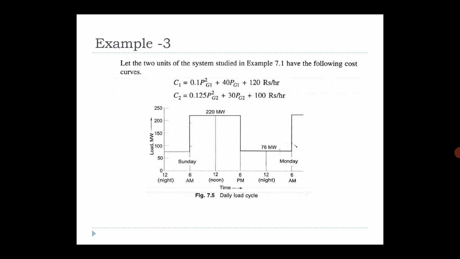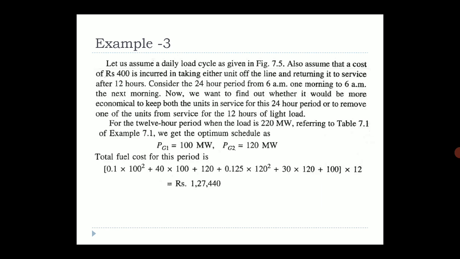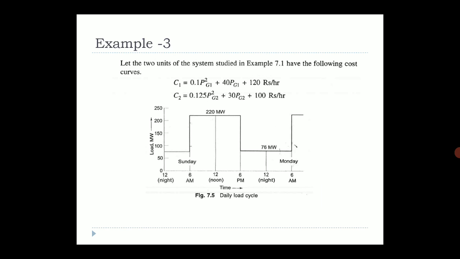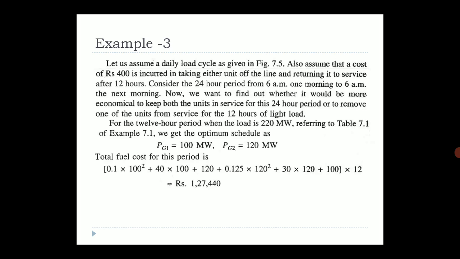So PG1 is 100, PG2 is 120. Now the total fuel cost: you put the values of PG1 and PG2 in these two equations and add them up. The total fuel cost comes to rupees 1,27,440 for this particular period.